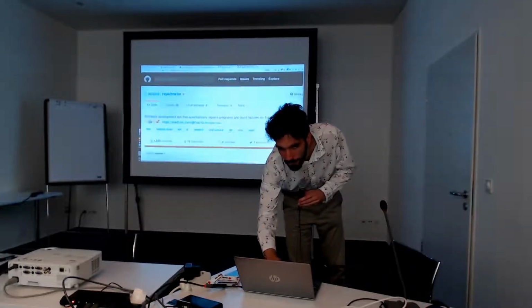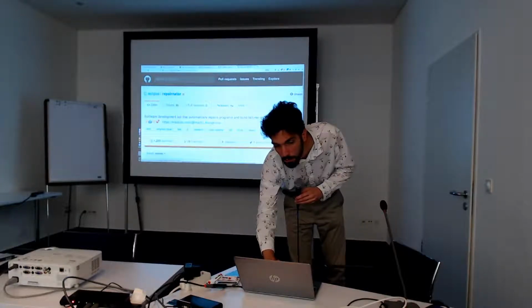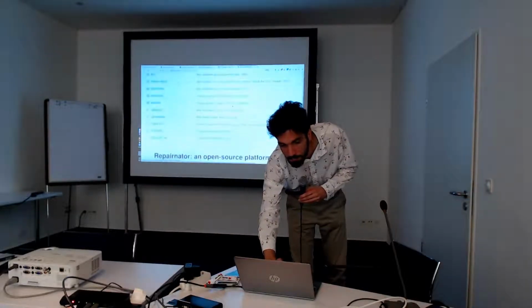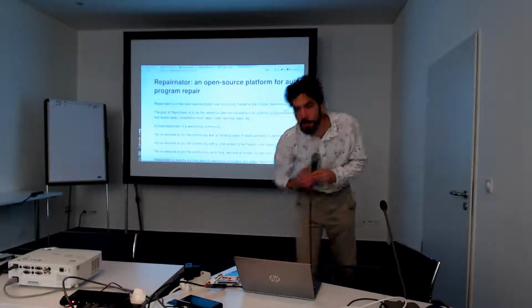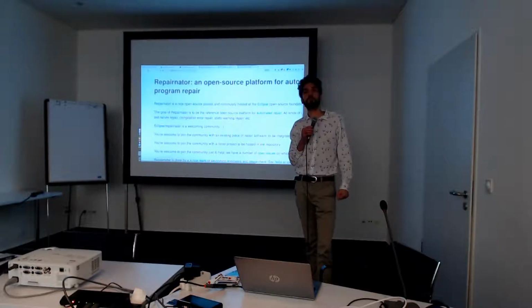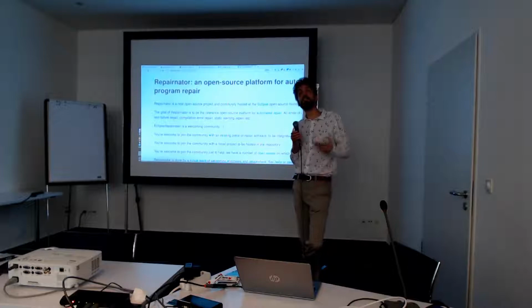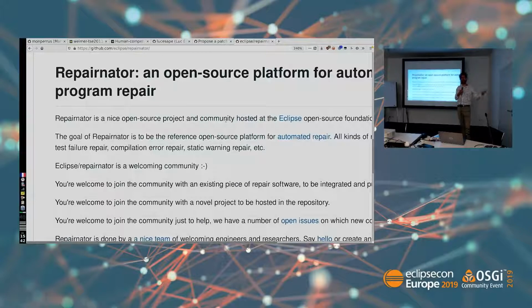So this is Eclipse Repairnator. It's a repo on GitHub. It's meant to be the reference open source platform for automatic program repair. It's meant to be community driven. It's meant to be a very good platform for companies and academics to work together.